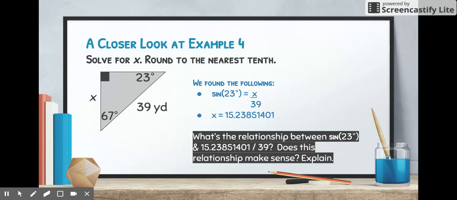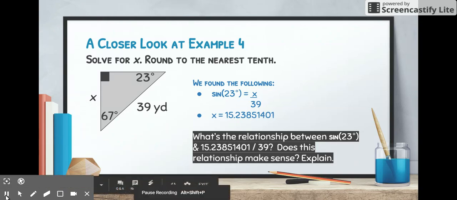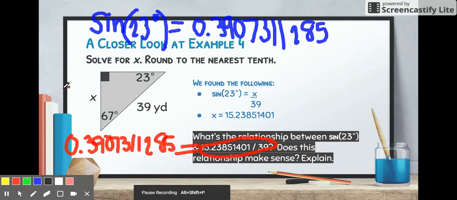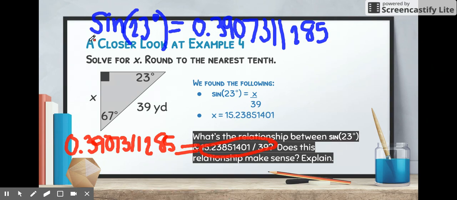So what's the relationship between sine of 23 degrees and 15.23851401 divided by 39? Let's type that in our calculator. After typing sine of 23 degrees in the calculator and also 15.23851401 divided by 39, I find that they both simplify to the same number, 0.390731125. And so the question is, why does that matter? Why does it make sense?